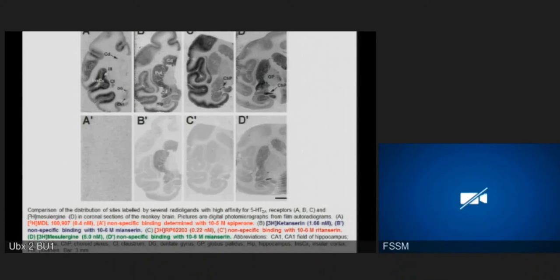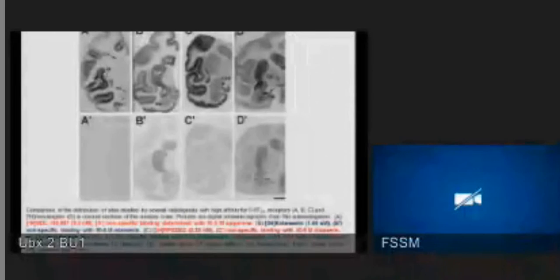And the most important labeling you don't see here. I mean, yes, you see it here. This is in the choroid plexus. The density in the choroid plexus is maybe 18 times higher compared to other brain regions. But this is for serotonin 2C receptors.